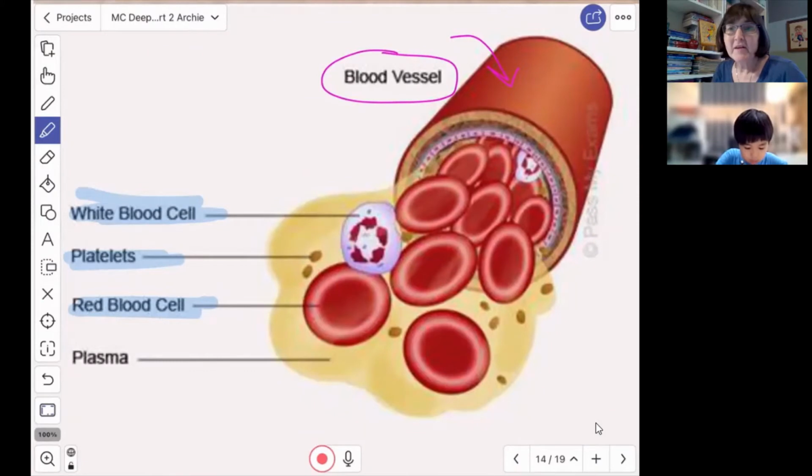And the red blood cells carry the oxygen all over the body. The white blood cells are the ones that fight disease like bacteria or viruses and keep us healthy. They are kind of the army that protects the body. And platelets are what will help the skin if it gets cut and it needs to be repaired.